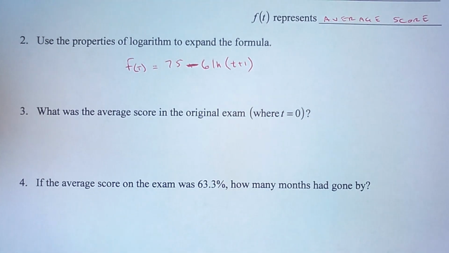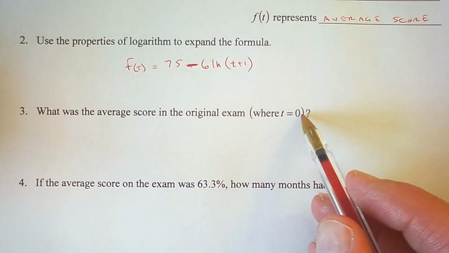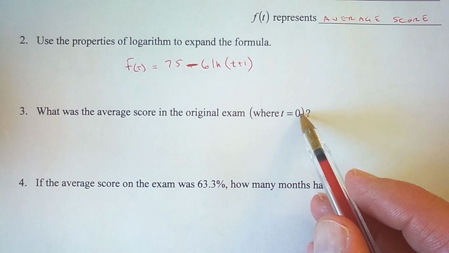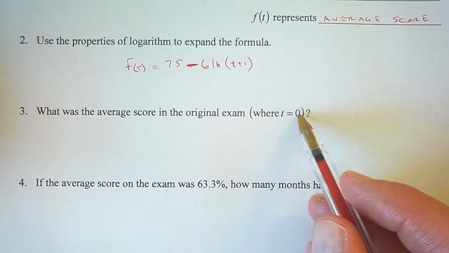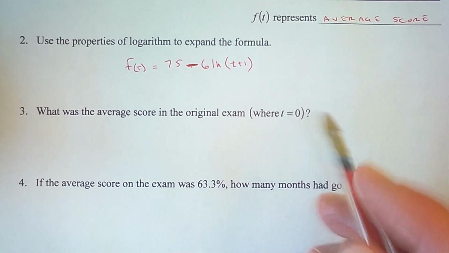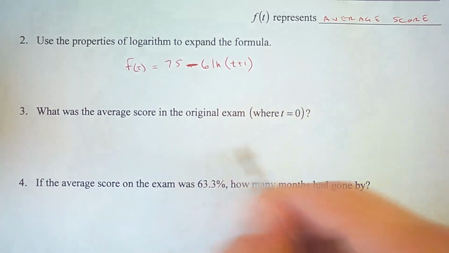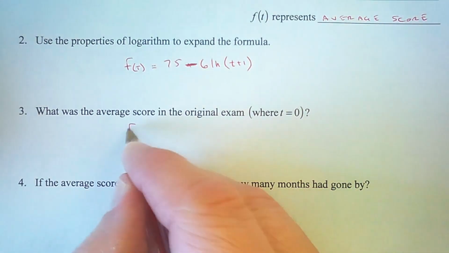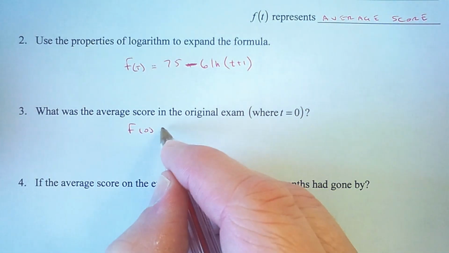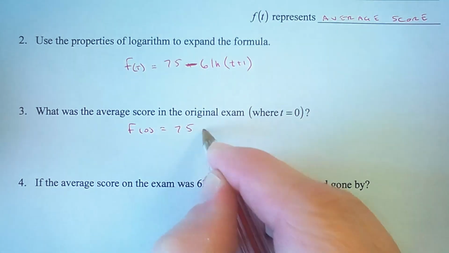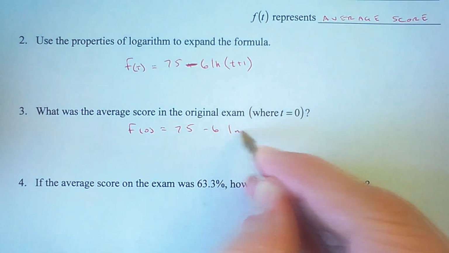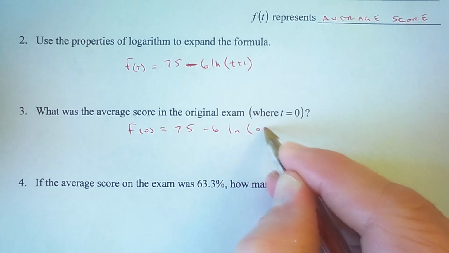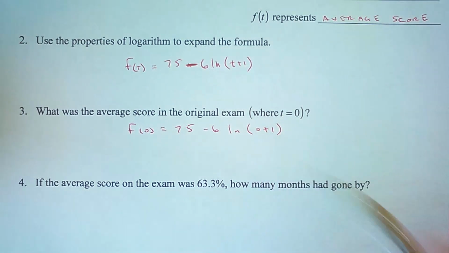What is the average score in the original exam where t is 0? So right after this unit on logarithms, 0 months afterwards, the average score when t is 0 is f of 0, is 75 minus 6 natural log 0 plus 1.